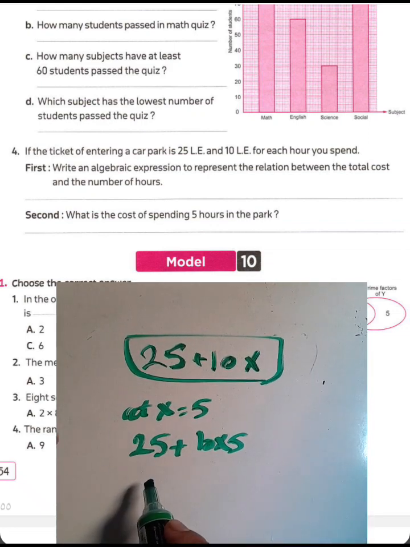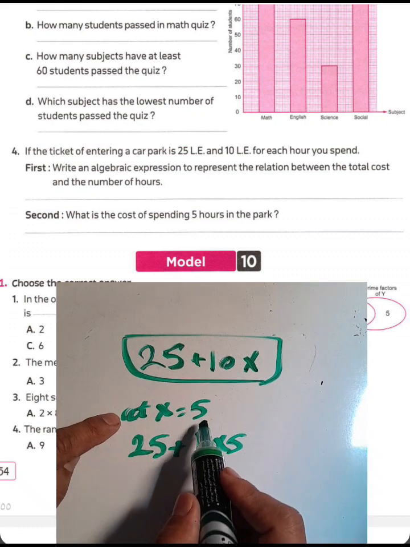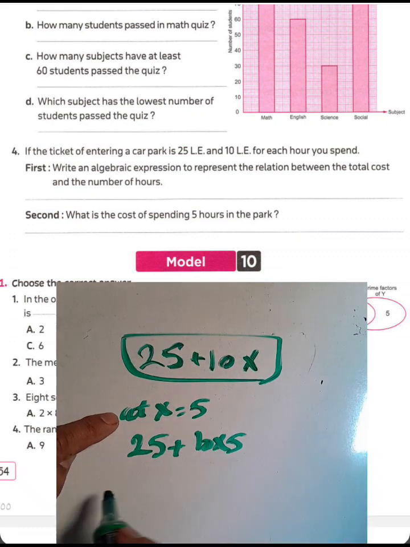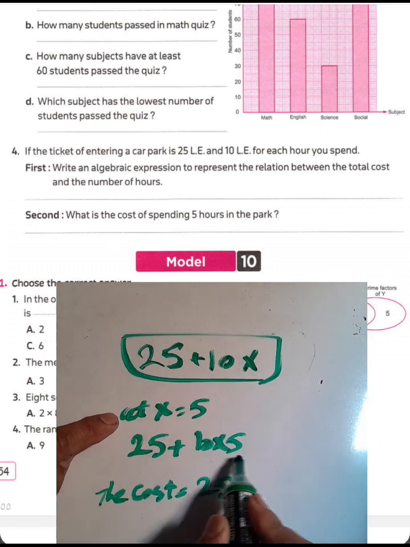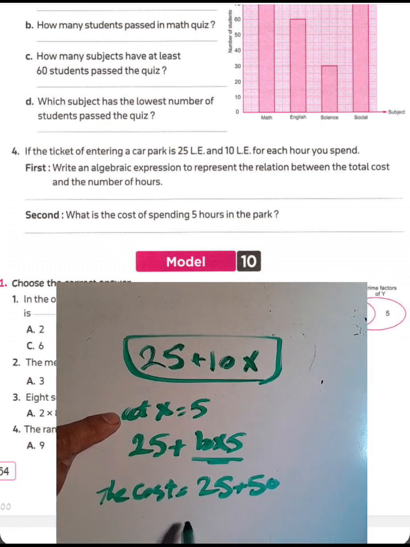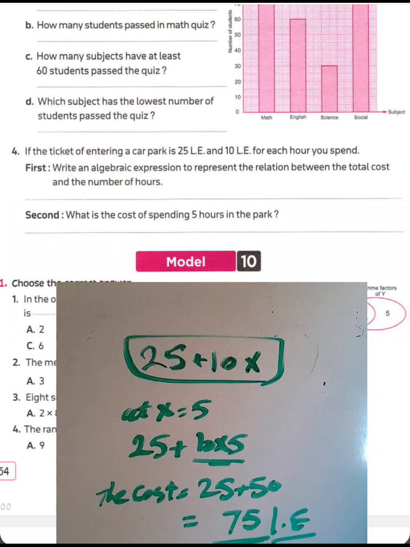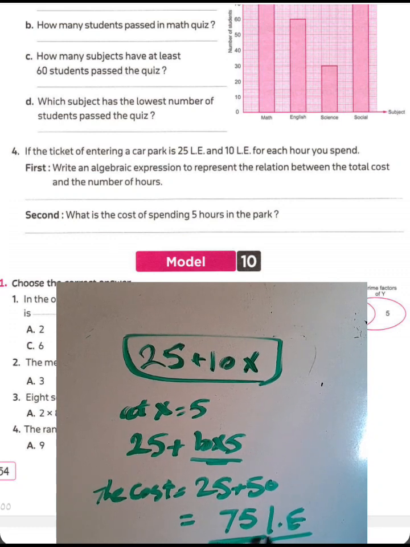Then if he spent 5 hours, the cost will be 25 plus 10 times 5, which equals 50. We must add them: 5 plus 0 equals 5 and 5 plus 2 equals 7. He will pay 75 Egyptian pounds.